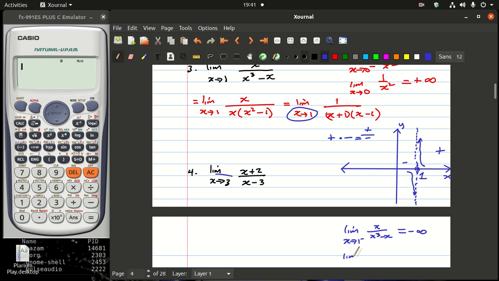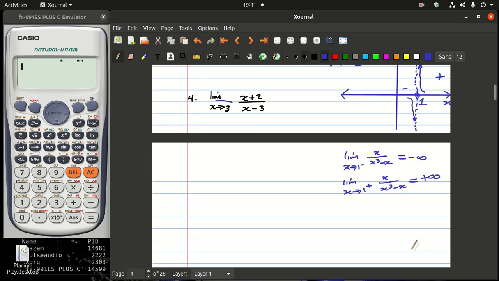And when you're looking at the limit as x approaches 1 on the right of x divided by x cube minus x, it is equal to positive infinity. So we have positive and negative, which means that the limit as x approaches 1 of x divided by x cube minus x does not exist.